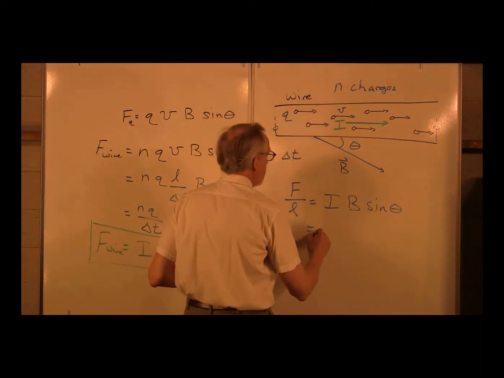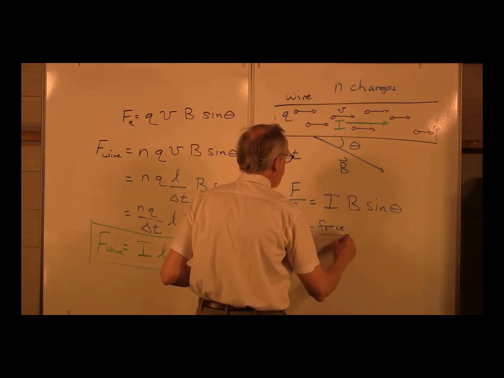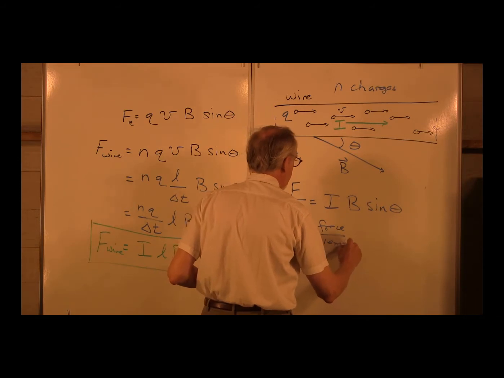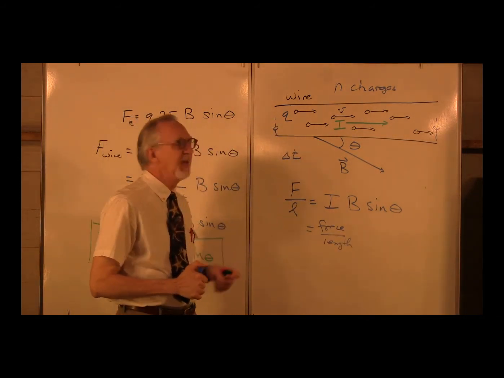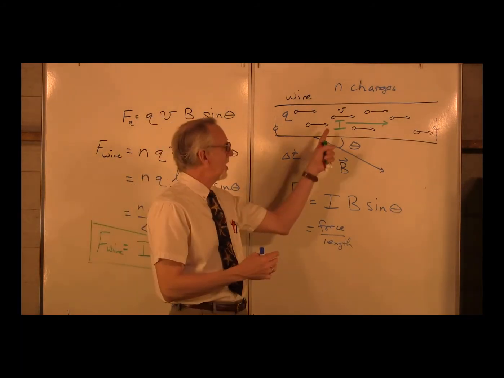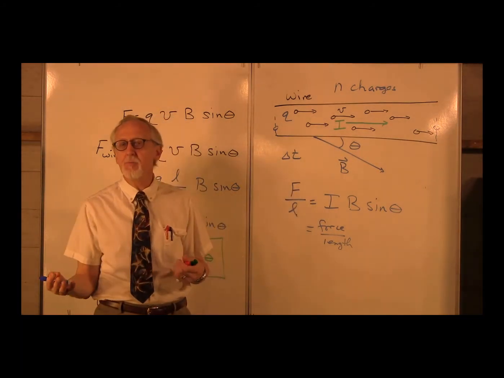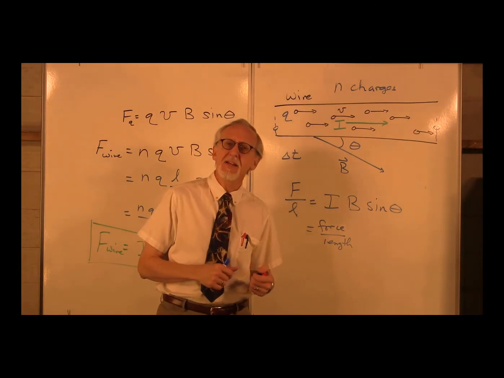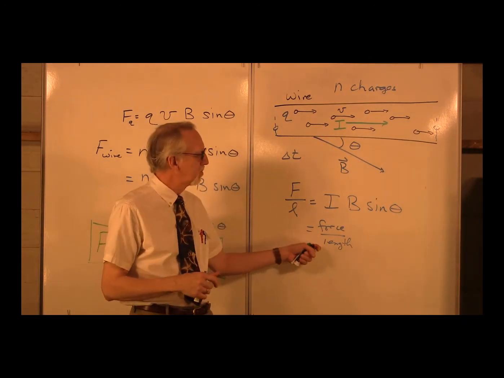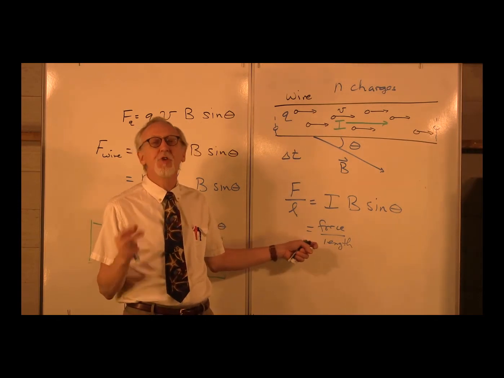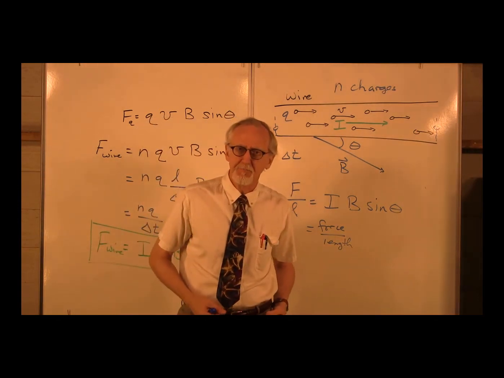This tells us the force per length. In other words, how many newtons per meter is acting on our wire? 5 newtons per meter, 7 newtons per meter. That tells us the amount of force per length, and then we could always multiply by whatever length we want to get the force on that particular length.